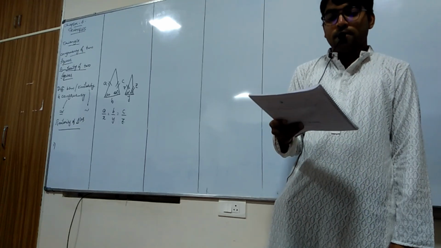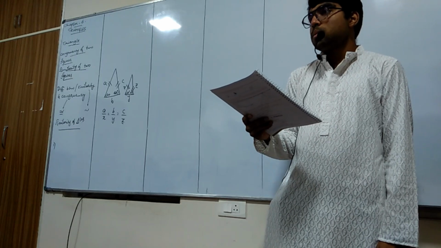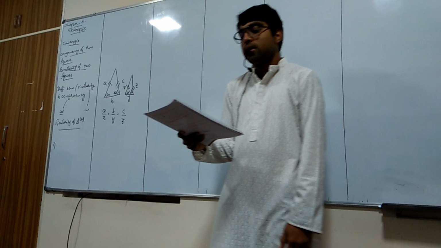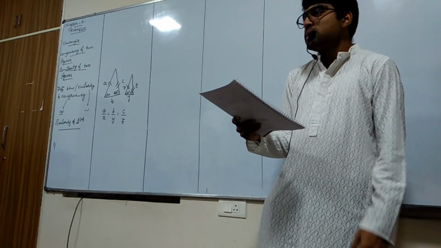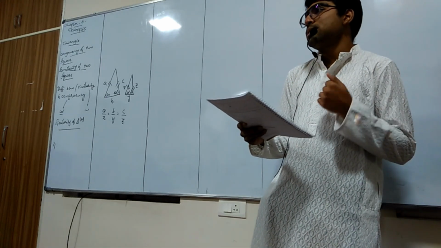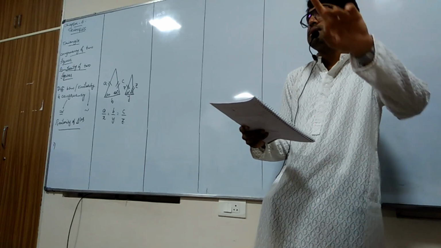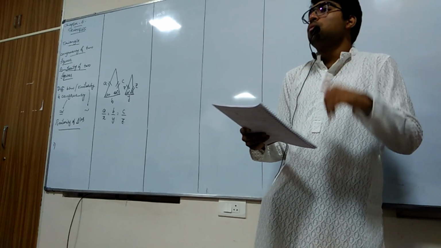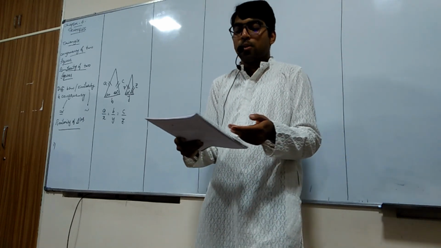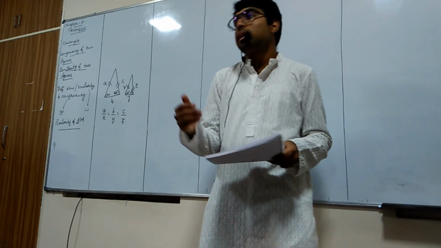No. The first one is a rhombus and the second one is a square, so the corresponding angles are not equal. The first condition has failed, so you don't need to check the second condition. If the first condition agrees, then go for the second. Since the corresponding angles are not equal, they are not similar.